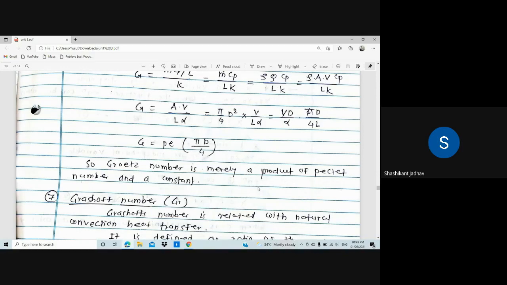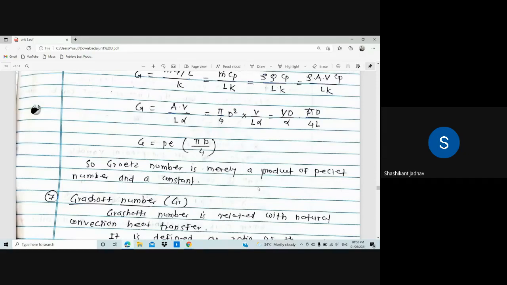Area is nothing but pi by 4 d square into V divided by L into alpha. So Vd upon alpha is equal to pi d divided by 4 into L. What is the equation of the Peclet number?